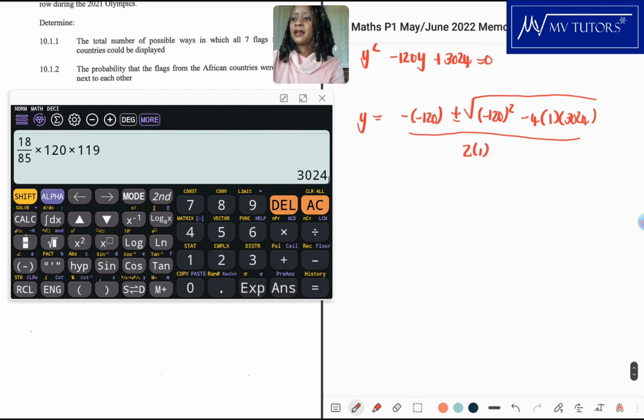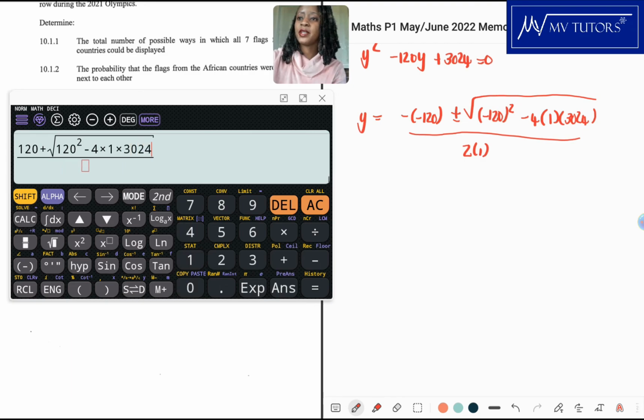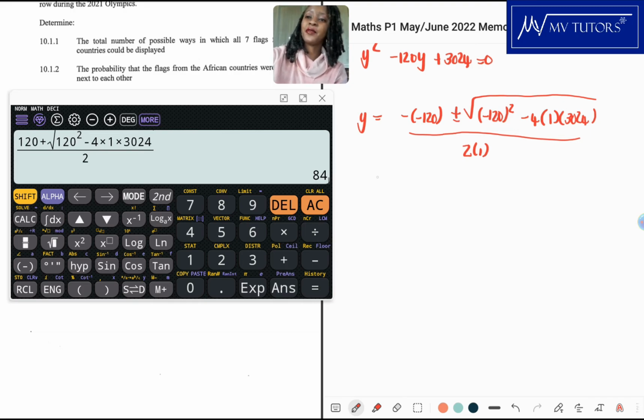So I have 120 plus or minus the square root of 120 squared minus 4 times 1 times 3024, all over 2, and I get 84. So y is equal to 84, or if I take the negative, y is equal to 36.